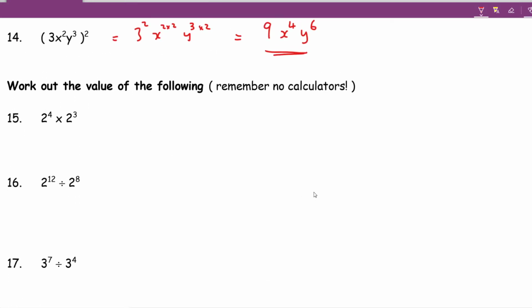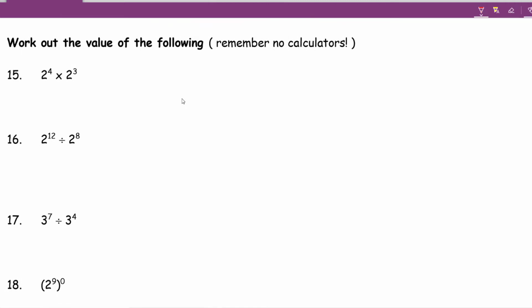Okay, now no calculators allowed, so let's have a look at this. Now the base is the same, similar to what we do in algebra. Keep the base the same, 4 plus the 3, and that gives me 2 to the power 7. Some people have a tendency to times 2 times 2 to give me 4, so don't make that misconception. Keep the base always the same and deal with the powers, where we add.